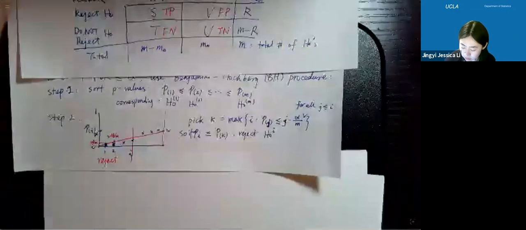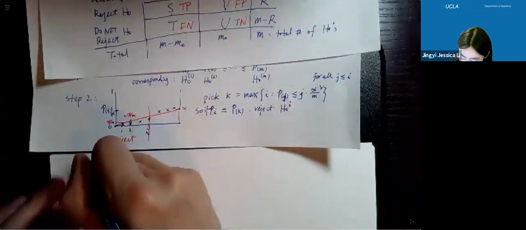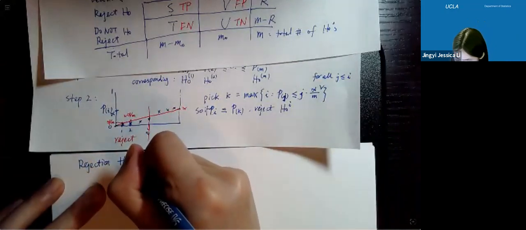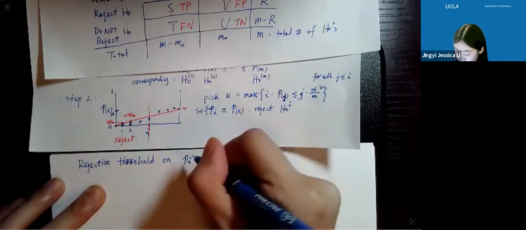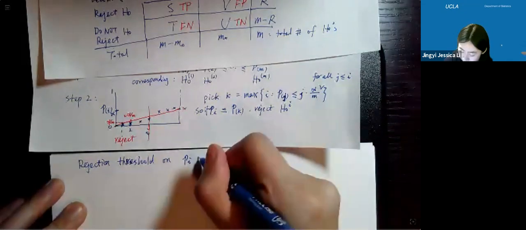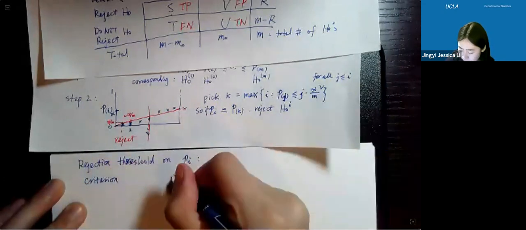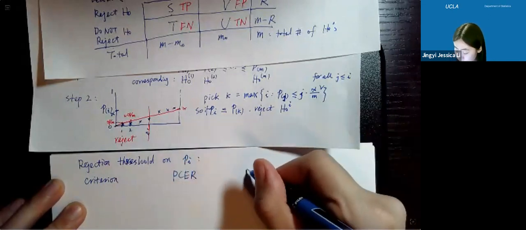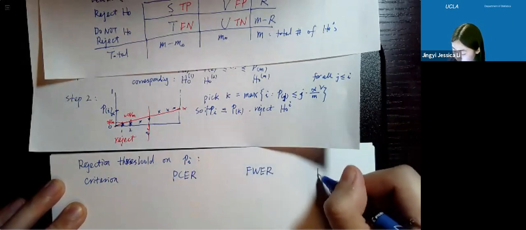I'll call this the rejection threshold on the p-values, and we consider three criteria: the PCER, the family-wise error rate, and the FDR.